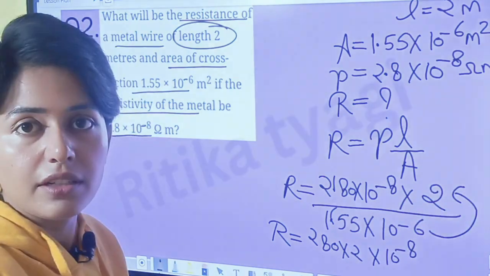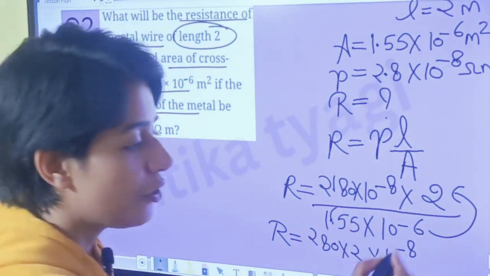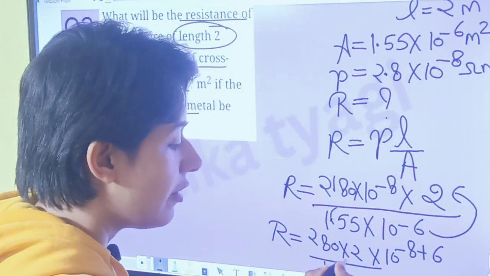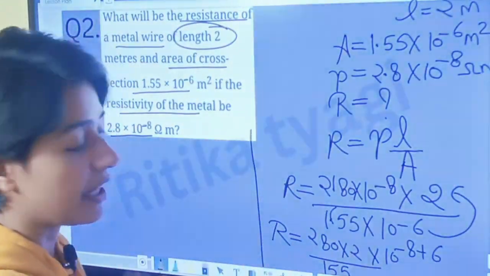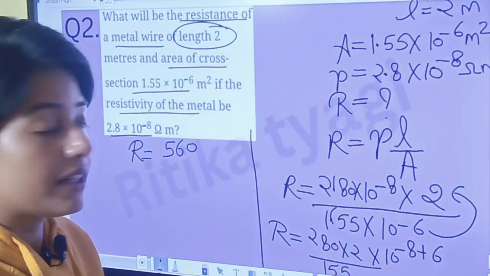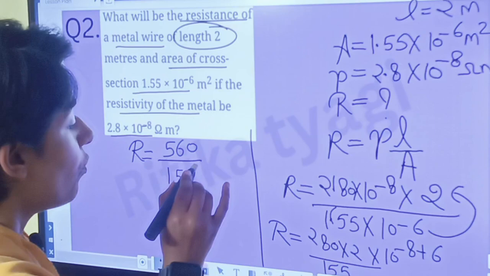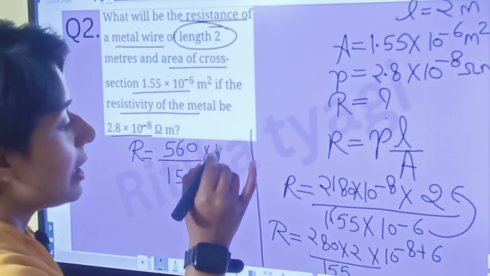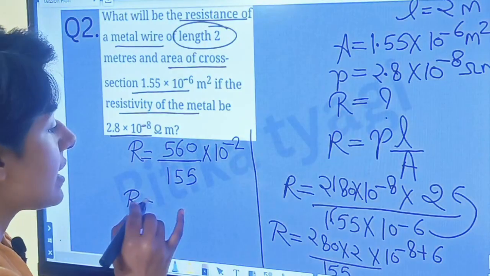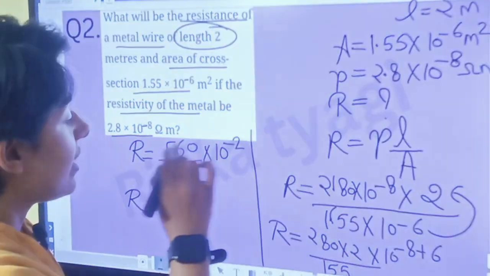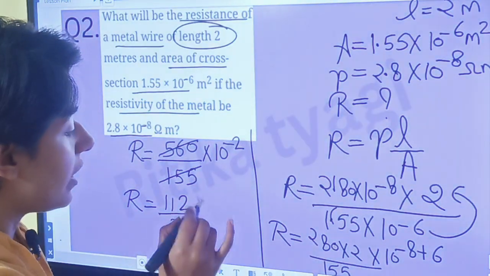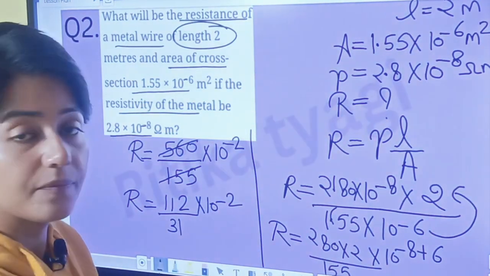On taking the power of 10 from denominator to numerator, that is positive 6, divided by 155. Then 560 divided by 155 multiplying 10 to the power negative 2. On cancel it by 5, we get 112 by 31 multiplying 10 to the power negative 2.